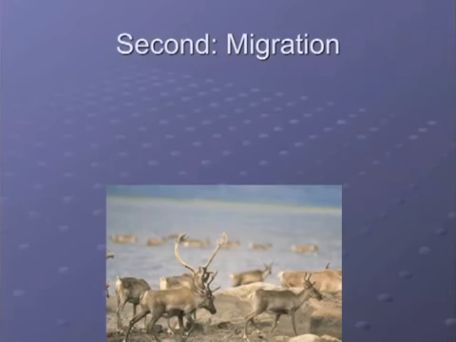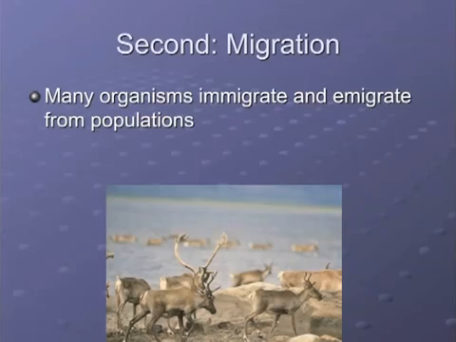Now the second assumption is migration. That migration doesn't occur. Well, many organisms immigrate and emigrate from populations. If you look at the human population, we're moving all the time. And oftentimes this is behavioral for wild animals because they can't have more than 1 male in a herd, or they can't have too many males, or their food source dies out, so they go and find somewhere else, and they join with another group.